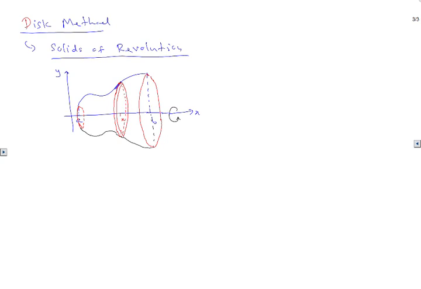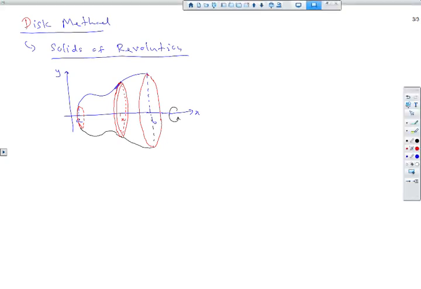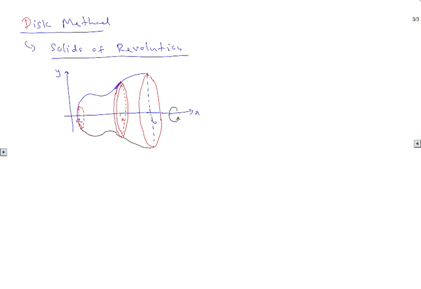So to find the area, we only need the radius, so things are easy in this situation. We just need the radius at the x position. If this curve is y equals f(x), what you need is this one. This is simply the y coordinate, you see that?